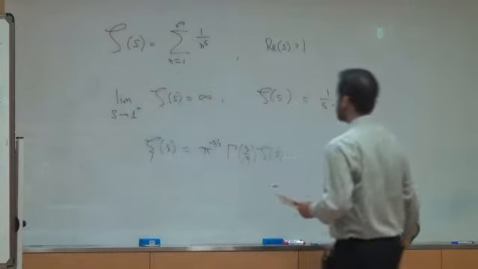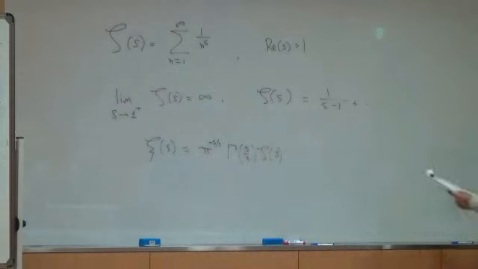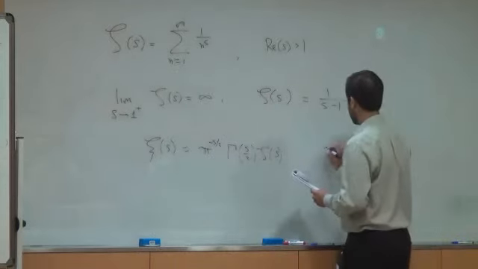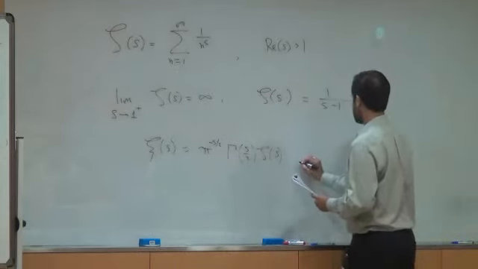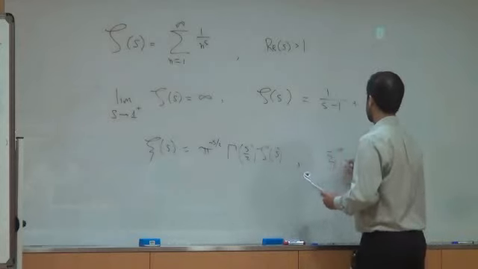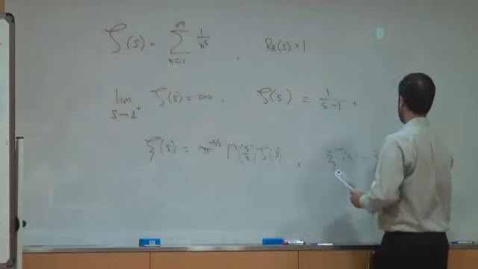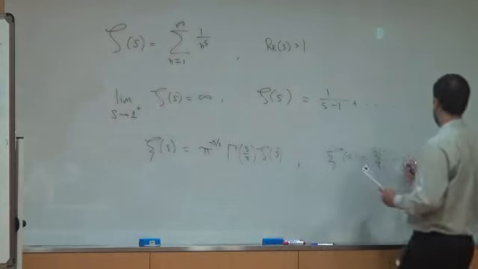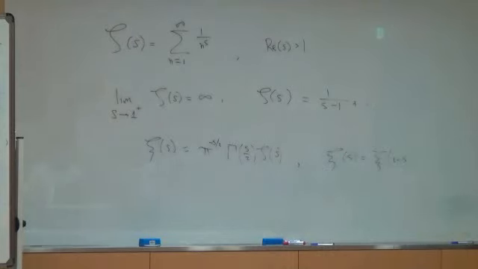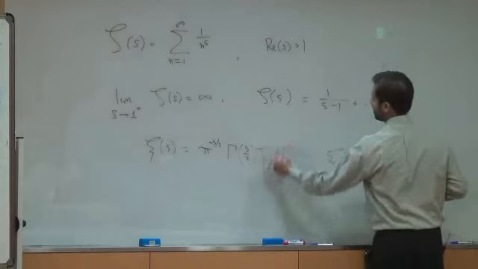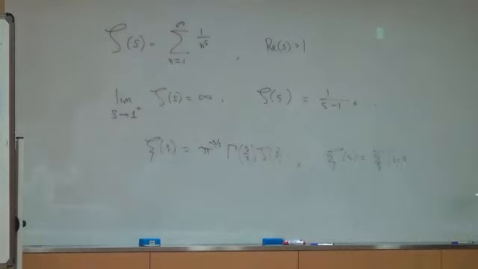Then this extends to a meromorphic function on the complex plane, which satisfies the functional equation that its value at s is equal to its value at 1 minus s. From this, you can deduce a relationship between zeta of s and zeta of 1 minus s, where you have various gamma factors interplaying. This holds for all complex numbers s.